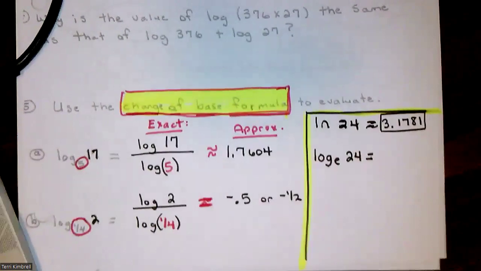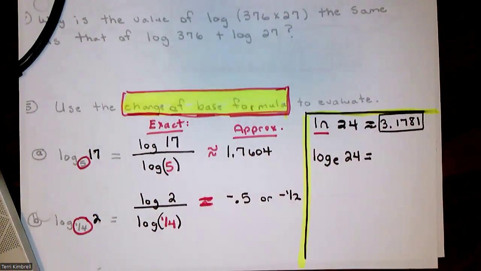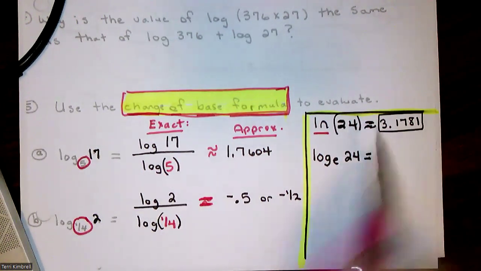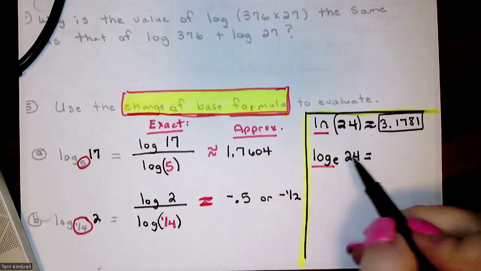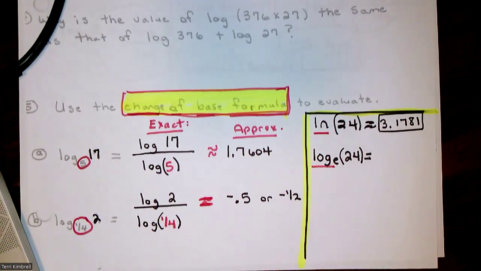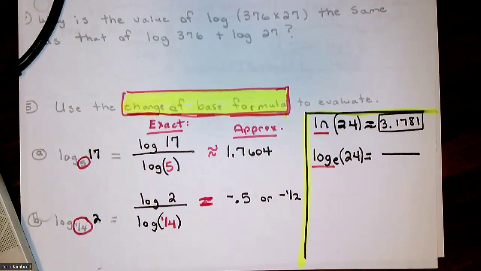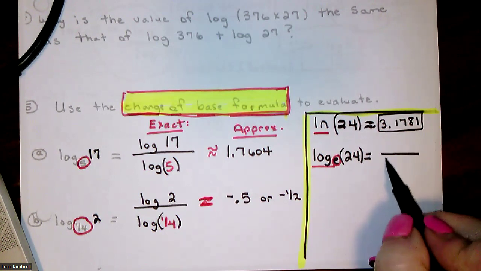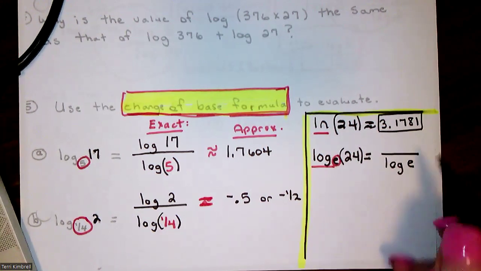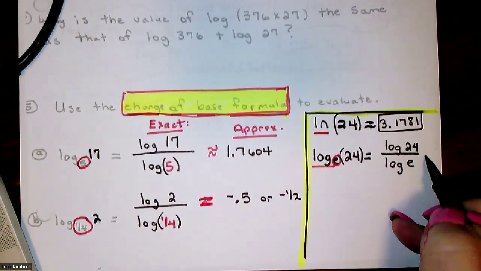So we're going to kind of box that number because I'm going to show you how you can actually change this stuff around. So ln can be written again as your log base e. Okay. So then if you did a change of base formula with that, then you would keep the base e in the basement. So this would be the one that would go on the bottom. So we would have log e. And then on top, you would have log 24.